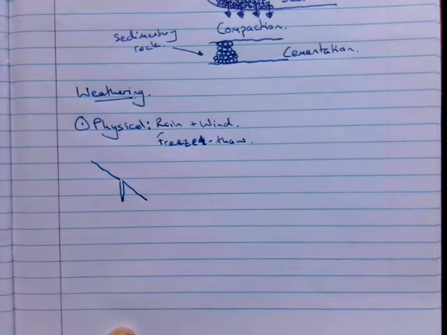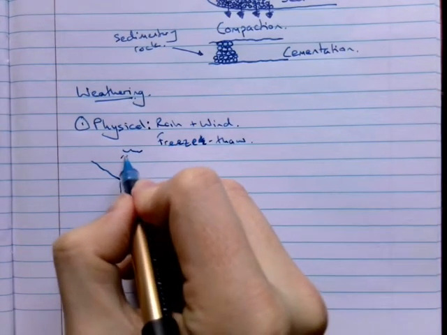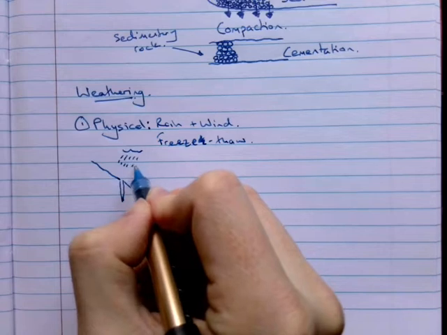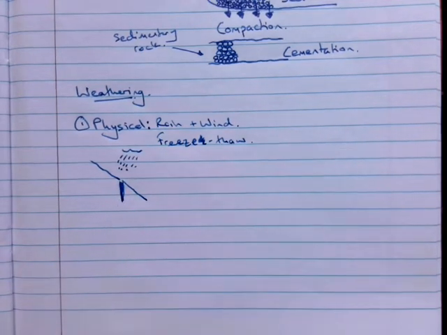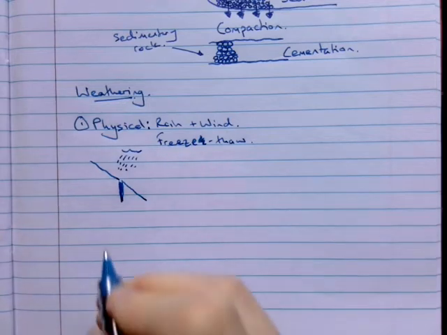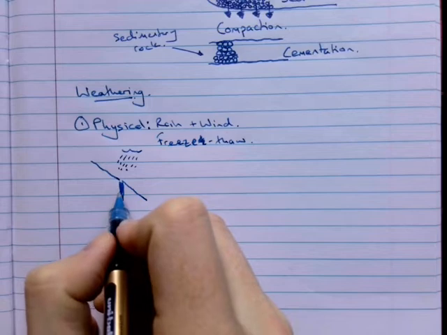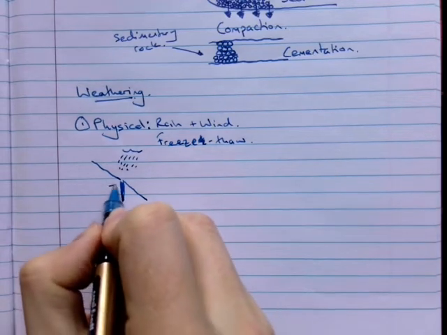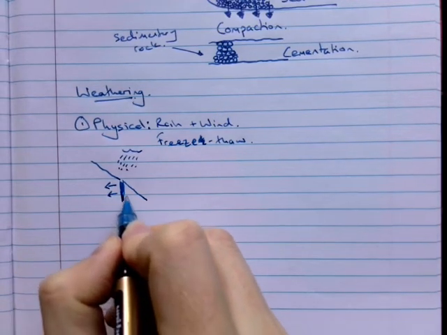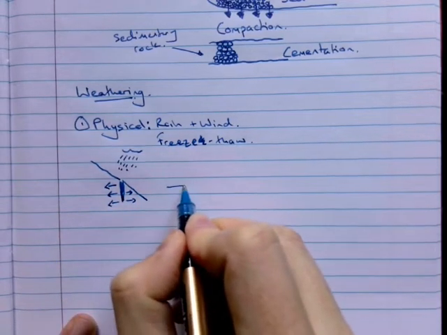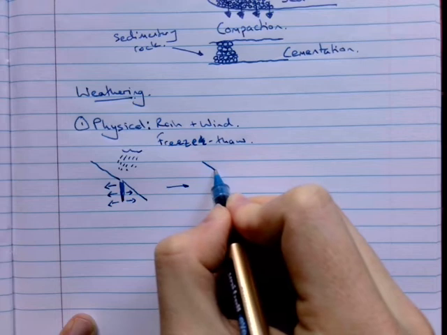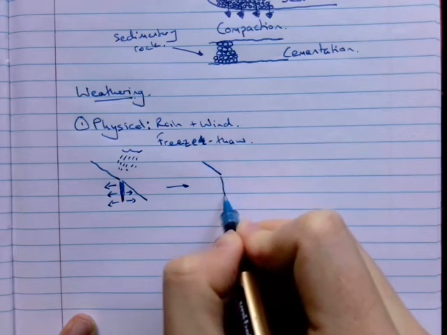Okay, so what happens is it rains, all right, and the crack fills up with water, and then overnight the weather gets really cold and the water that's gone into the crack freezes, and when that happens it expands. Okay, and because of that the crack will get bigger.